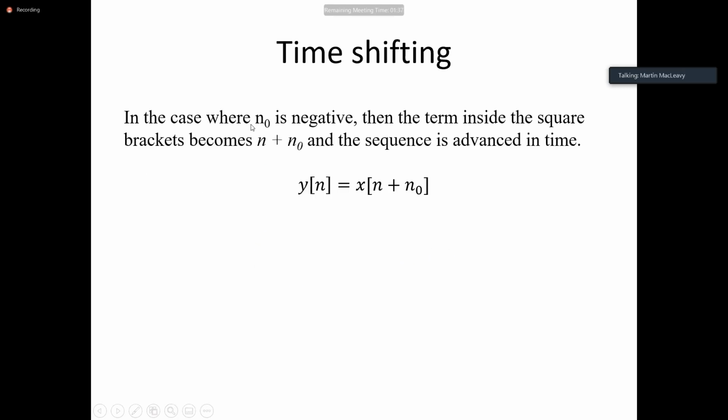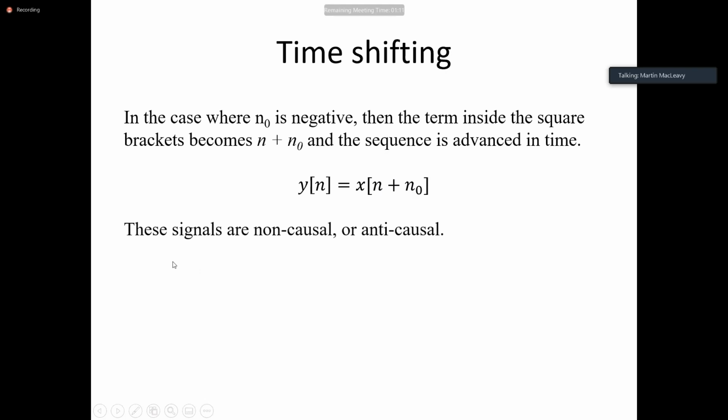Now, in the case where n naught is negative, then the term inside the bracket becomes n naught plus n, and therefore you're advancing in time. You're not delaying anymore. This is what you would expect to see for advance.